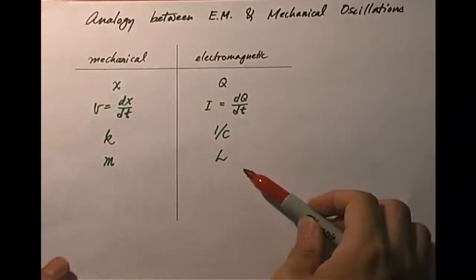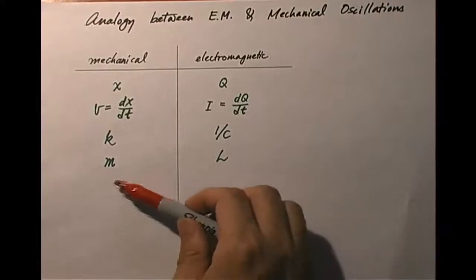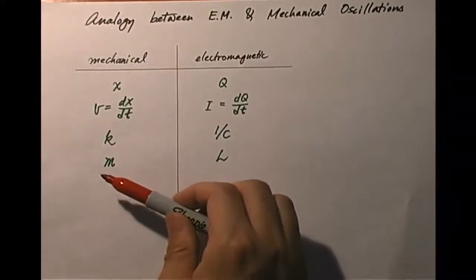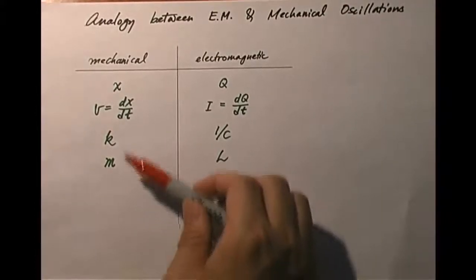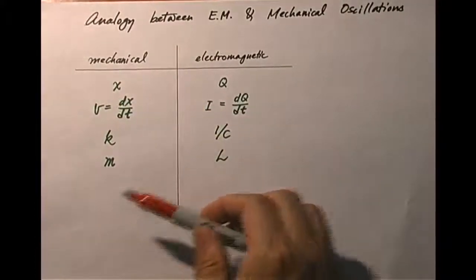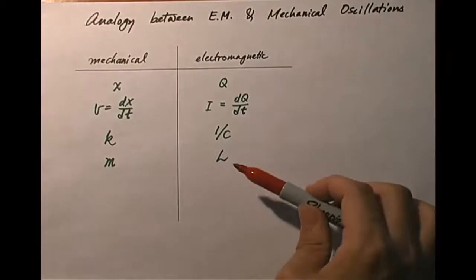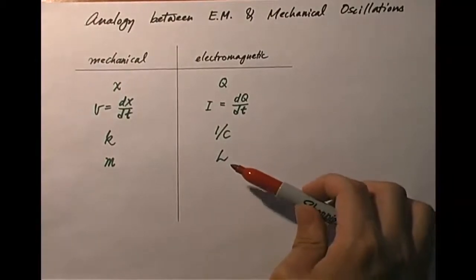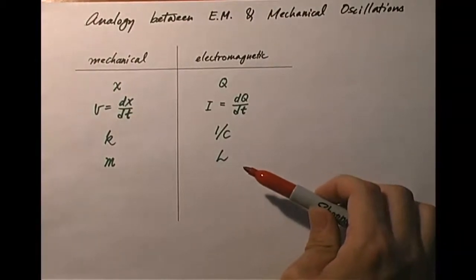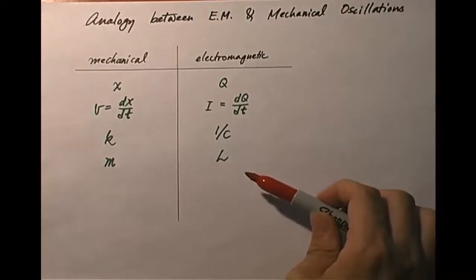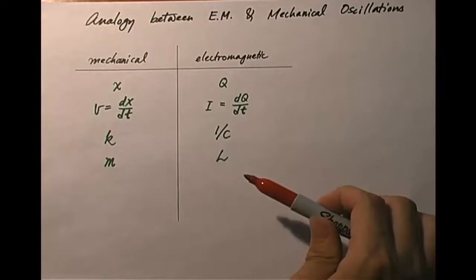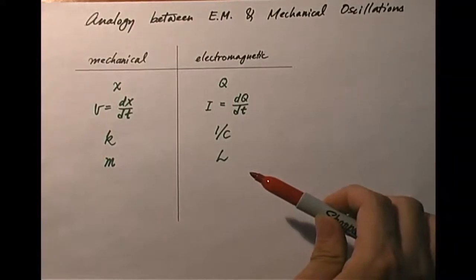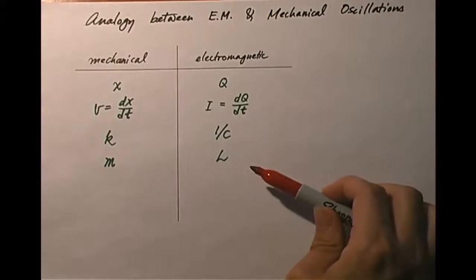And what about M versus L? What's M? M is the mass, right? It is the ability of a system to resist what? To resist acceleration, to resist dV dt, that is. What about L? Well, L is the ability of a system to resist any change in what? Current, okay? Because, in order to drive a variable current through an inductor, you have to overcome its induced EMF, which is proportional to L, right?